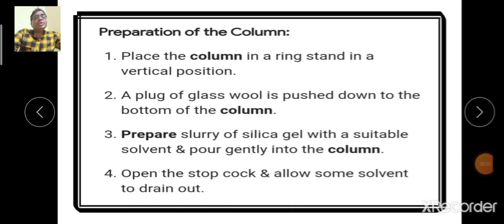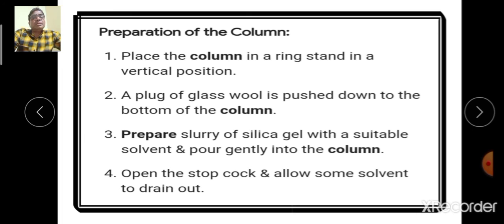Now we are going to see how the columns are prepared. These are the steps to prepare the column. First, place the column in the stand in a vertical position. Then use a plug of glass wool and push it down to the bottom of the column.